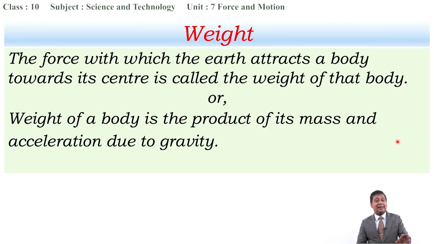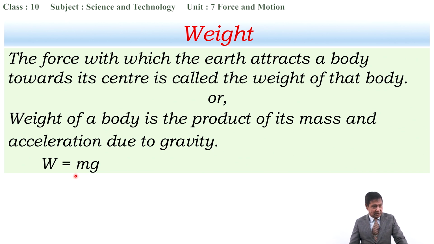Weight of a body is the product of its mass and acceleration due to gravity. And the formula is W = mg. M represents mass, W is weight, g is acceleration due to gravity. If we know the mass of a body, then its weight can be calculated by using the same equation.